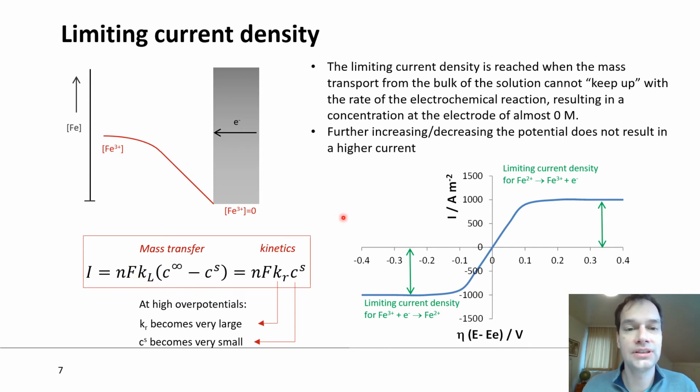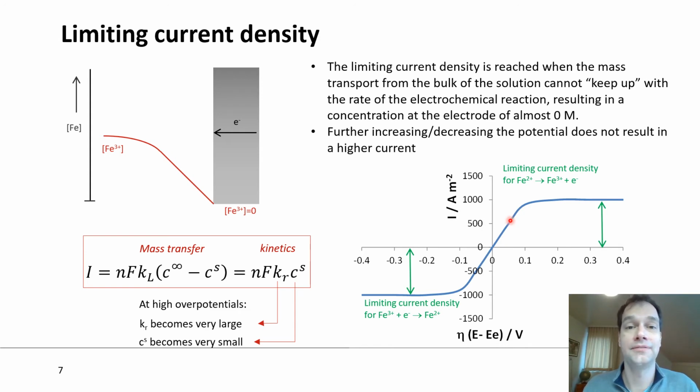You can also see that here in this graph on the right, where we see the reaction rate or the current density as a function of the potential. What do we now see? If we're at the equilibrium potential, of course, there's no net current. If we then increase the potential, the first thing we see is that we get a faster reaction rate, a higher current density.